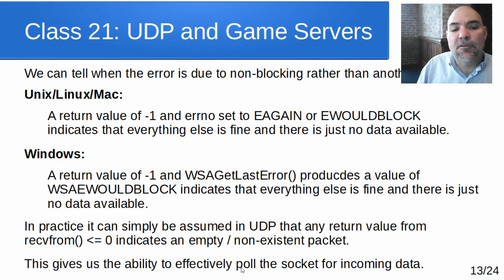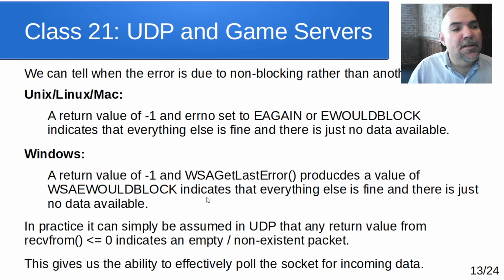You get that return value of -1, and if errno is set to EAGAIN or EWOULDBLOCK, then that indicates that everything else is fine and there's just no data available. In Windows, the return value is -1, and if you call WSAGetLastError and that produces a value of WSAEWOULDBLOCK, and these are just defined constants, then that indicates everything is fine, there's just no data available. So in practice, we can simply assume that in UDP, any return value from receive from that's less than or equal to 0 indicates an empty or non-existent packet, and any other value returned from receive from indicates that we received data.